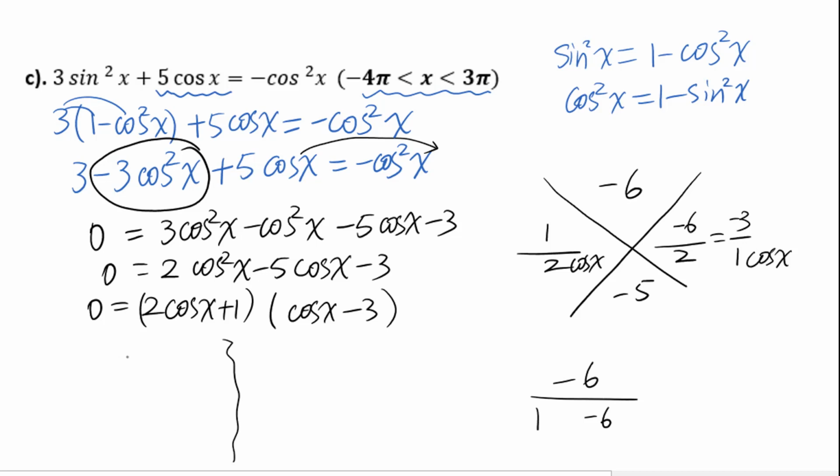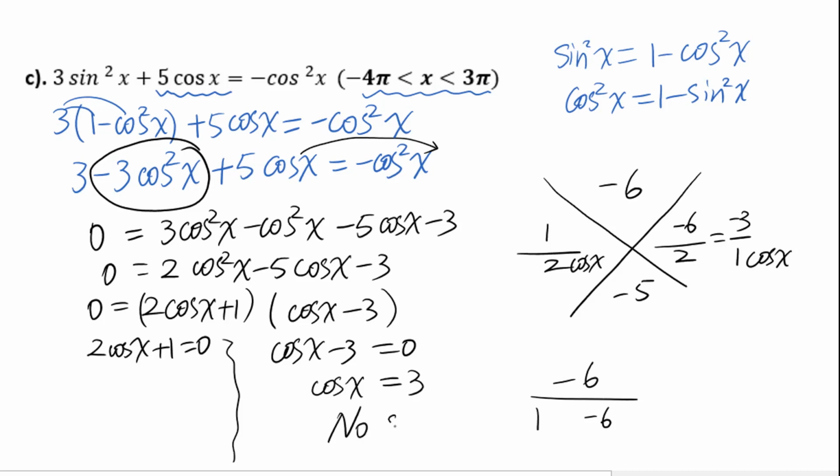Then we need to solve the following two equations. 2 cosine x plus 1 equals 0, and cosine x minus 3 equals 0. For this one, you will get cosine x equals 3.